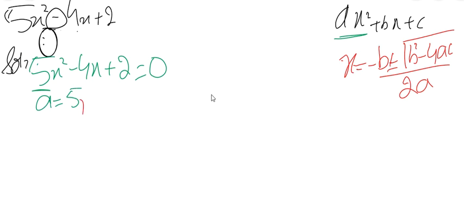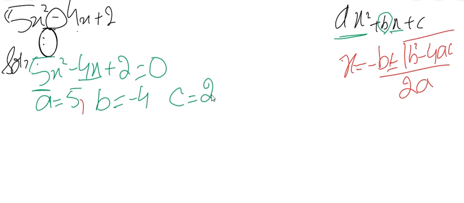And the second term is minus 4x. Here x is written with b, so b has a value of minus 4 and c has a value of 2. Now without any hesitation, we have to put these values into this formula.